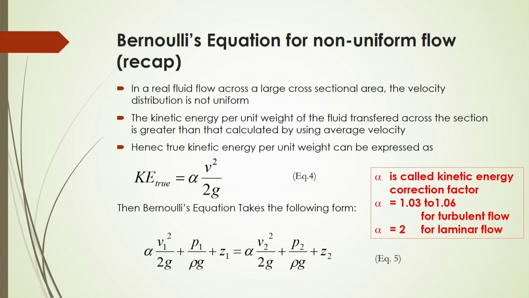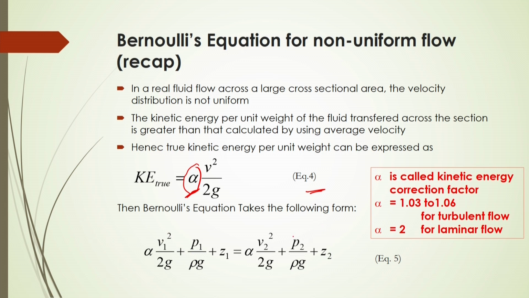And also for non-uniform flow, we have to account for the correction factor for kinetic energy change, as well as what the correction factor is for turbulent flow and laminar flow, which we have already discussed. Equation number 4 gives the kinetic energy correction factor, to get the total kinetic energy in the actual case.